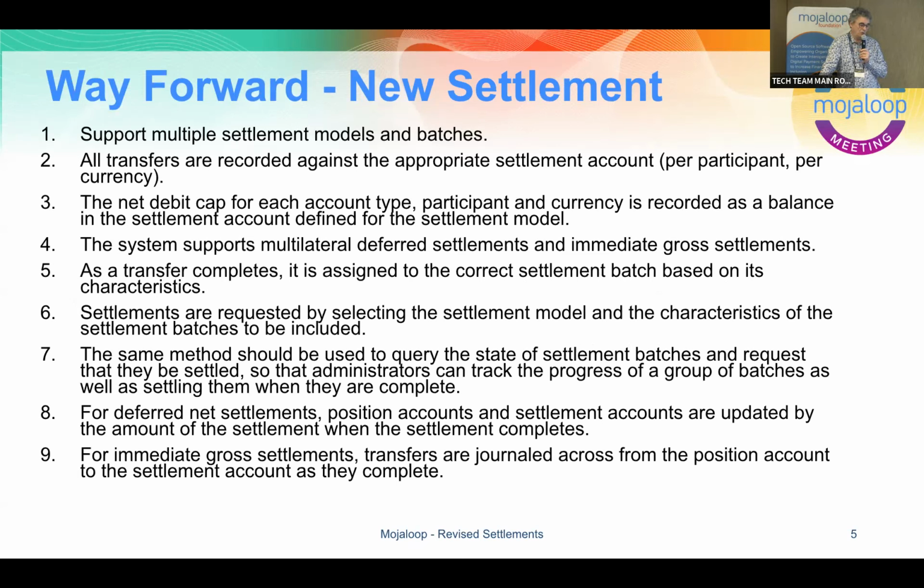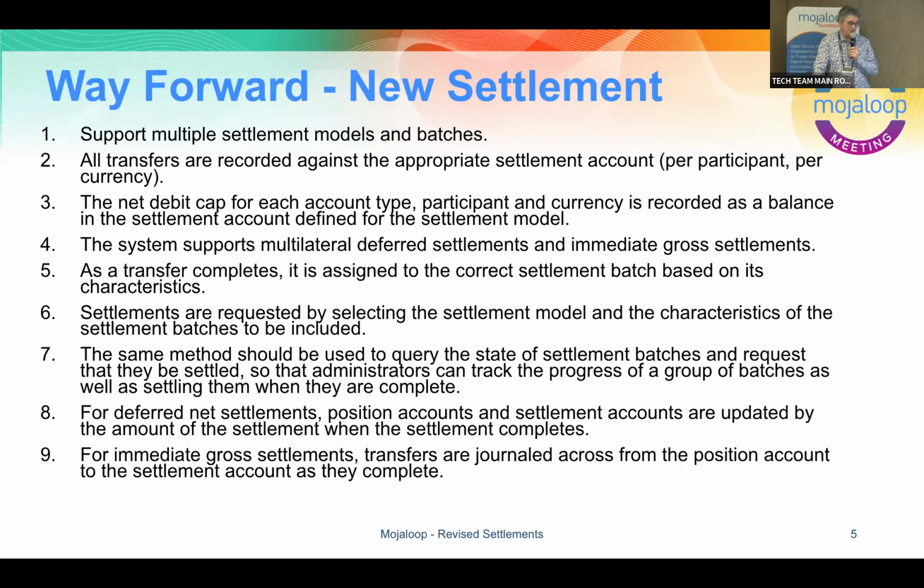We want to make sure that all transfers can be recorded against the right settlement account, and we want the net debit cap to be recorded as a balance in the settlement account for that settlement model. So effectively, we are now wanting to compare two accounts with each other in order to decide whether there is liquidity cover for a transfer. We want to, well, okay, four we've already got, I think.